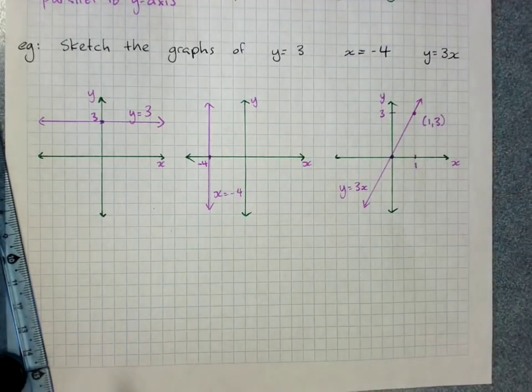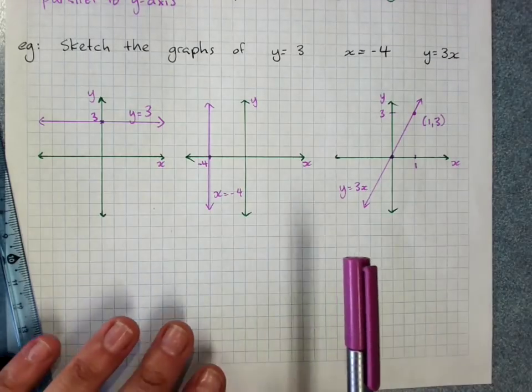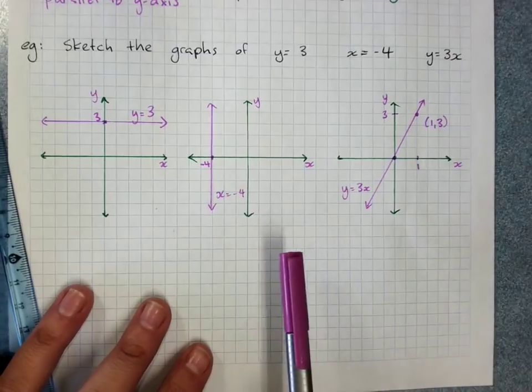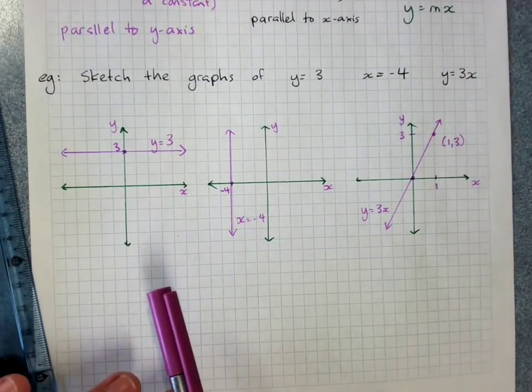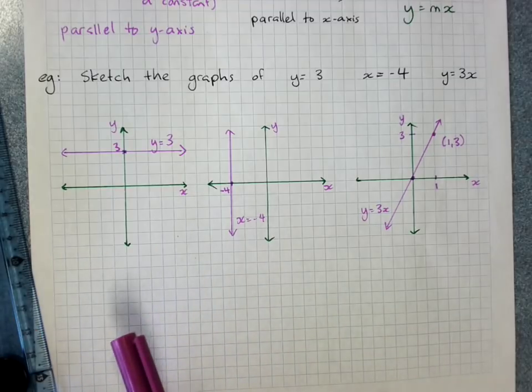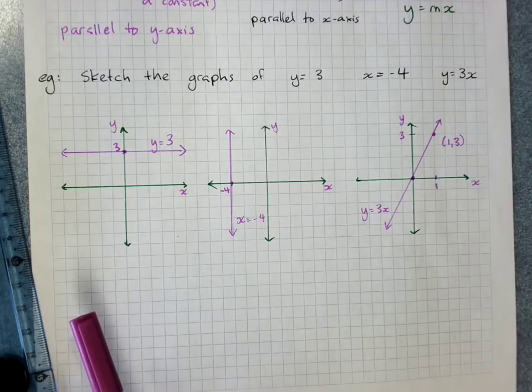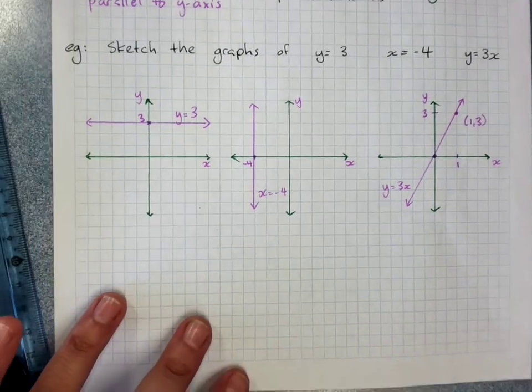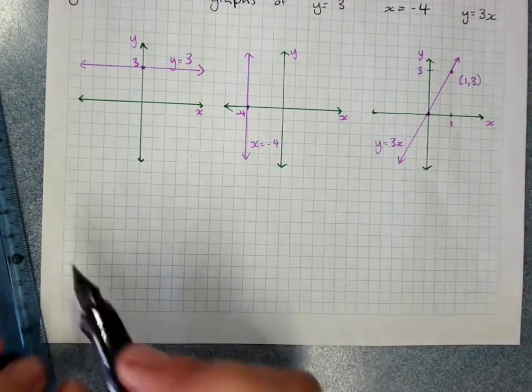Every so often they might try to trick you and say, sketch the graph that passes through a particular point, say (1, 3), and is parallel to the x-axis. In fact, I'll give you a question like that.